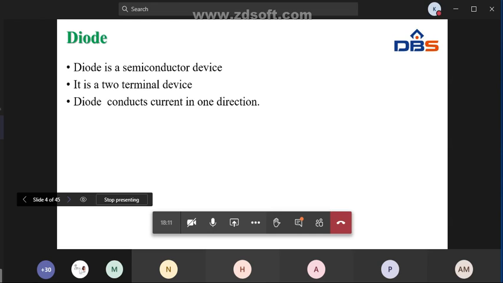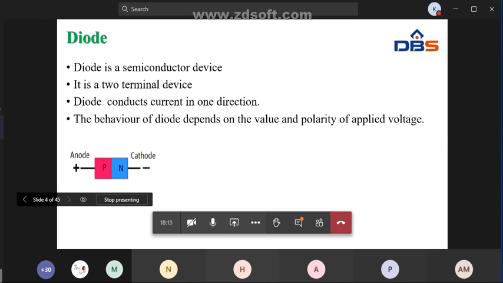First of all, what is a diode? Diode is a semiconductor device. It has two terminals. It consists of one P region and one N region.